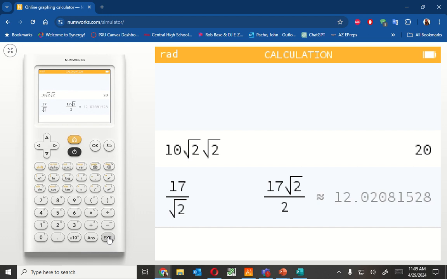That is the exact answer. This is the approximate answer. Sometimes you want the approximate answer. But right now we're trying to figure it out in exact all the time, so we're doing all exact today. So it's going to be 17 square root of 2 divided by 2.